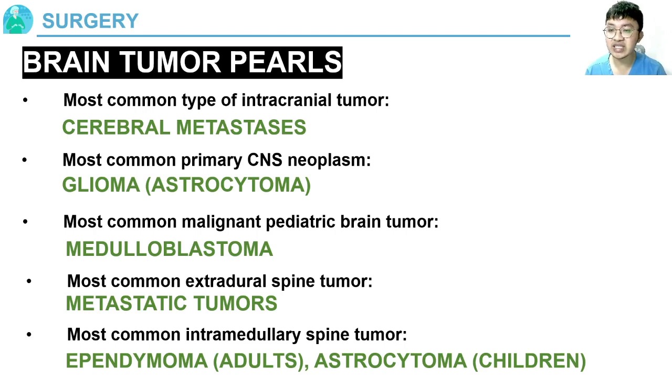The most common primary CNS neoplasm is your astrocytoma, otherwise known as glioma. The most common malignant pediatric brain tumor is medulloblastoma, near the brainstem, in pediatrics. The most common extradural spine tumor is metastatic. The most common intramedullary spine tumor is ependymoma in adults and astrocytoma in children. Again, the most common intramedullary tumor: ependymoma in adults, and astrocytoma in children.